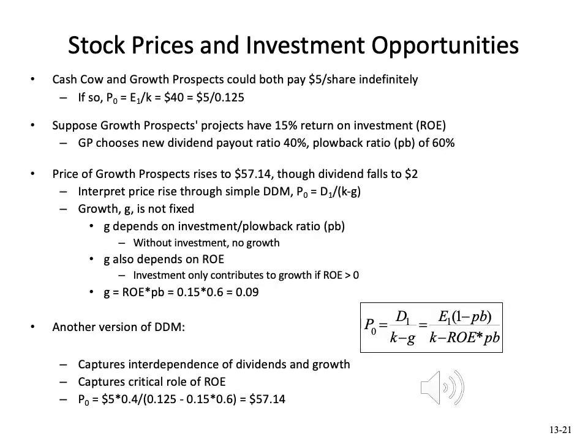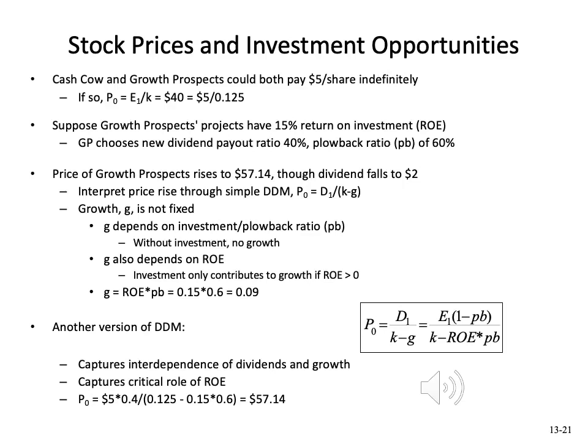Based on this numeric example, we get another version of the dividend discount model. So starting from P0 equals D1 divided by K minus G, now we can modify the formula to E1 times 1 minus plowback ratio. So here, dividend 1 is calculated from the earnings 1.